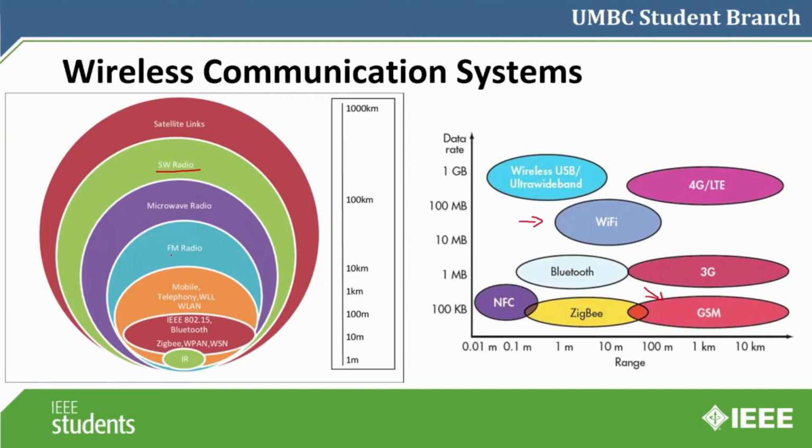So what we see is that we want to choose a frequency to transmit at that gives us the desired range and the desired data rate. And for satellite links, this is a big problem because we need really high range, but that means we have a lower data rate. And we want to transmit the 4K pictures from the Mars rover back to Earth.